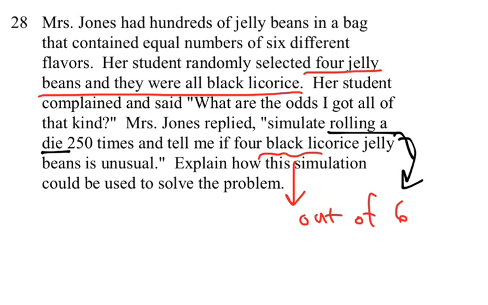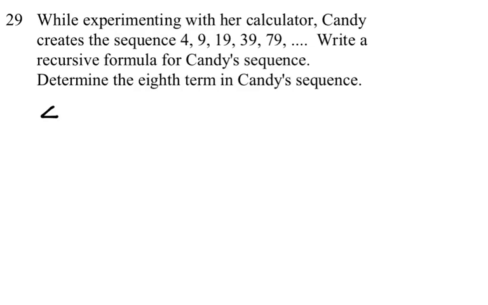So basically, since both of them involve all 6 different flavors or 6 different numbers being equally likely, and they will have one particular thing out of 6 things, they can be comparable in terms of explaining the probability.